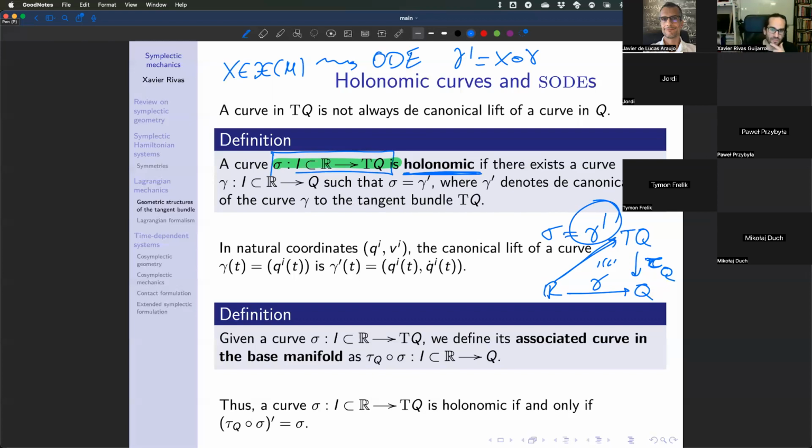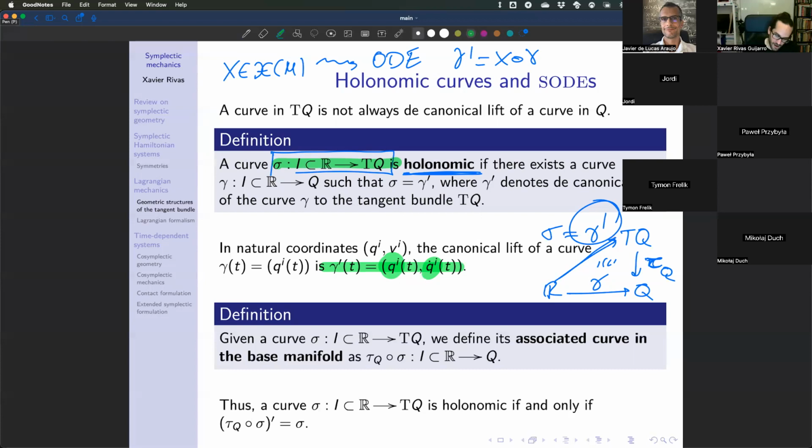So we will say that a curve in TQ, sigma, is holonomic if it is the canonical lift of a curve in the base. So in natural coordinates, what will a holonomic curve look like? It will look just like this, where the components in the fiber are just the derivatives of the q's, the components of the original curve.